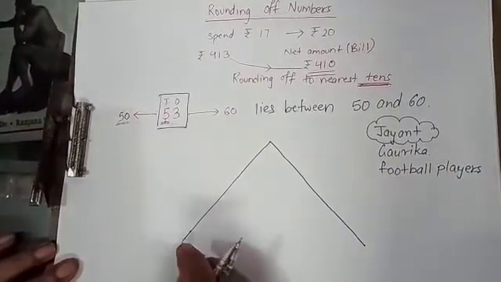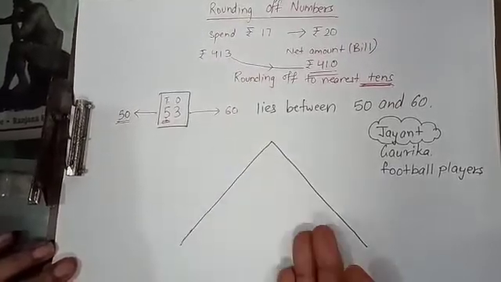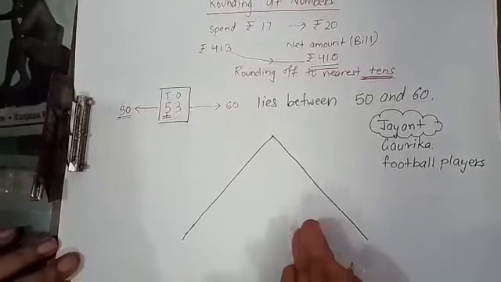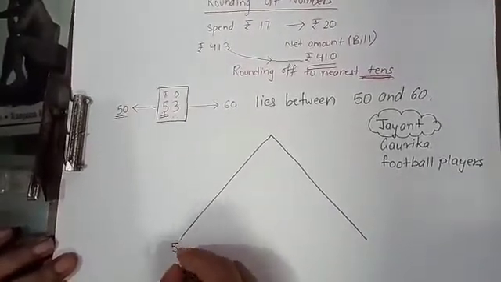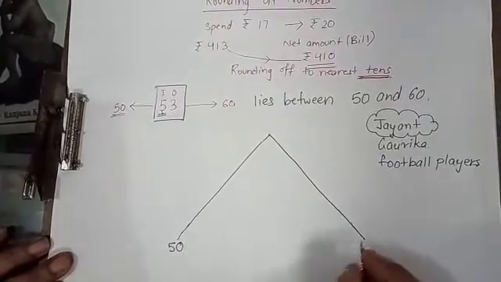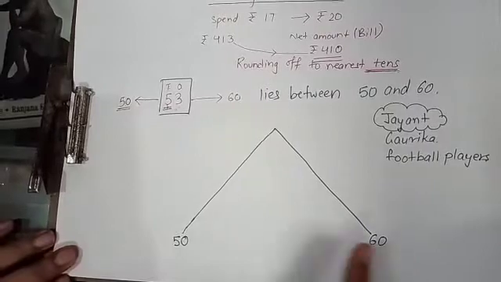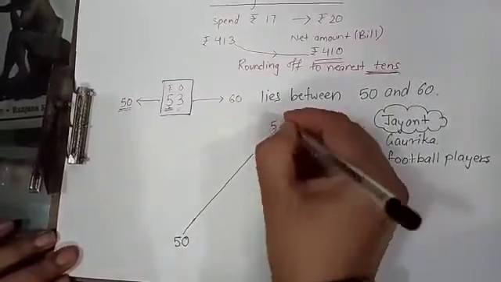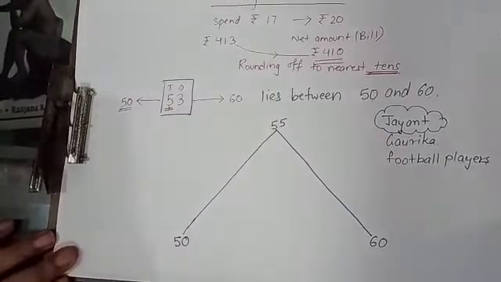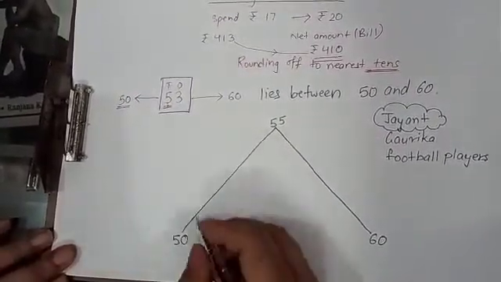Now, because this hilltop has come in the maths class, it needs to be calibrated. So let us give it a scale. This base is 50 and this base is 60. And the center value between this, let us take as 55. Now we will divide this hilltop into particular steps.